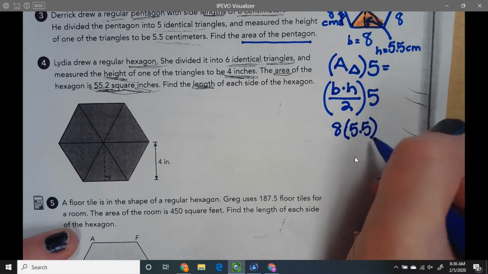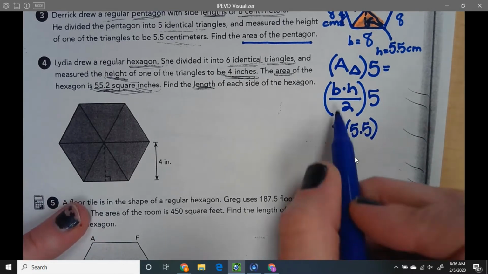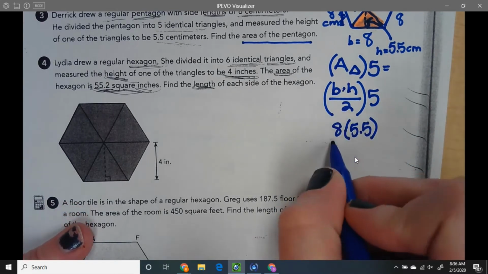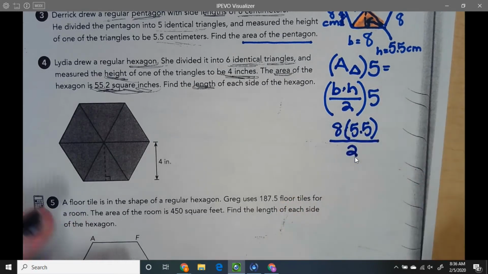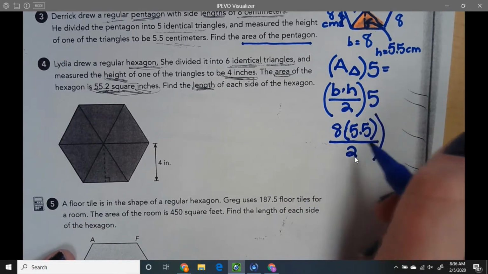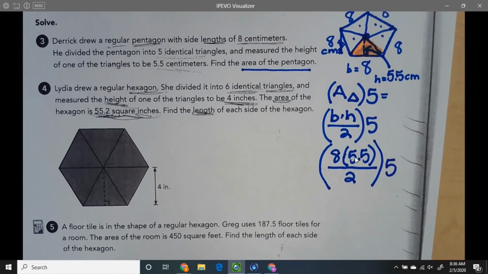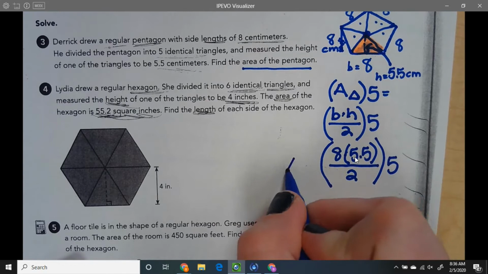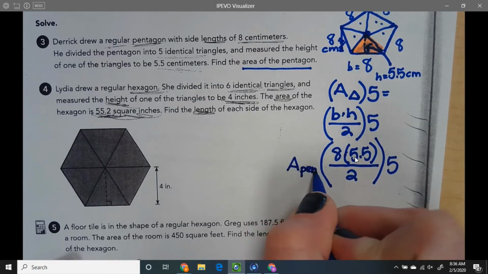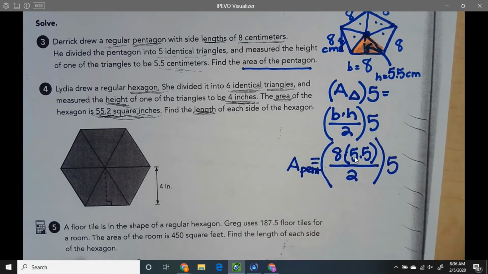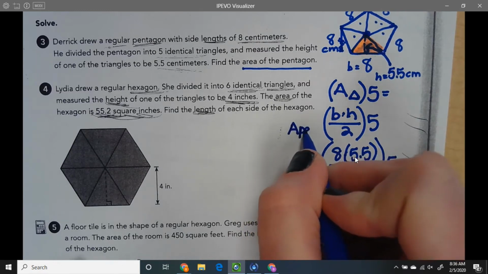Usually I'll use parentheses when there's a decimal point so I don't get confused between the multiplication and the decimal point. And then I divide that by 2. And don't forget to multiply that all times the 5 triangles on your pentagon. So you could write the area of the pentagon is equal to this. You could put that here too for your original formula.